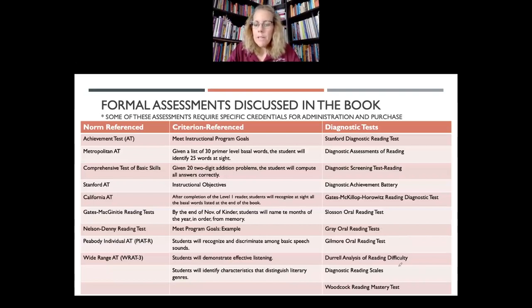The Woodcock Reading Mastery Test is often used in SAISD for exactly that. We use the Woodcock to add to achievement tests to see how the kid is doing and if dyslexia or dysgraphia is readily shown. By the way, dyslexia, which we're going to talk about on the last day, is often comorbid, meaning it comes with other disabilities.